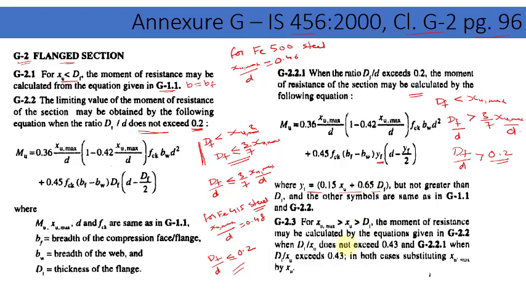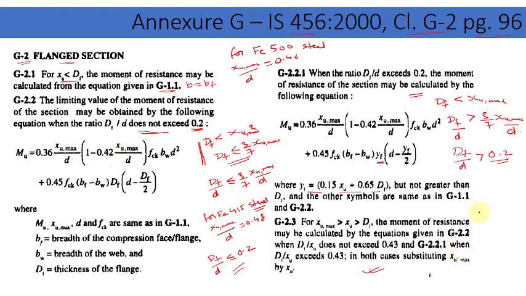Further, if you see this case, when your neutral axis is lying in the web, it is saying you need to calculate the moment of resistance using G2.2 and G2.2.1. Here, when your neutral axis is lying in the web and it's stating that if dF by XU does not exceed 0.43, you apply this formula.